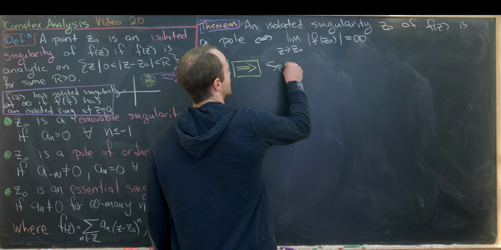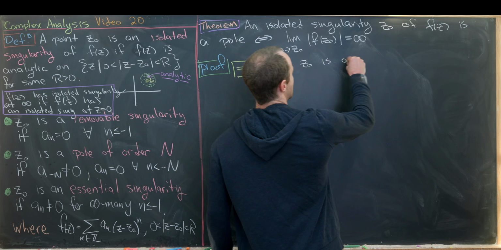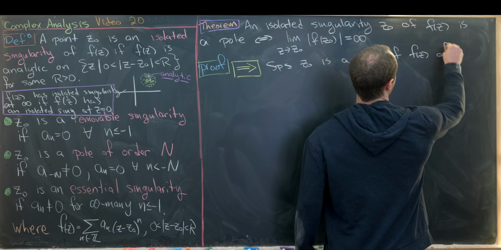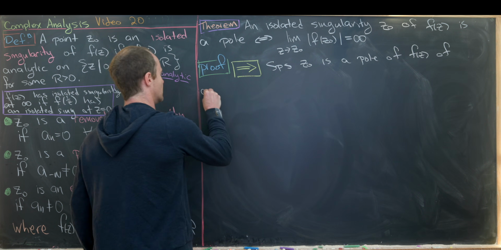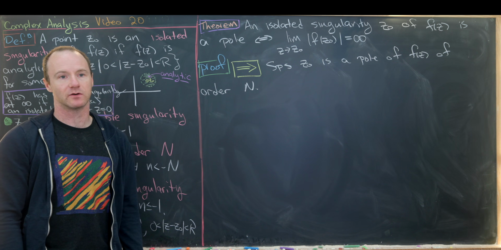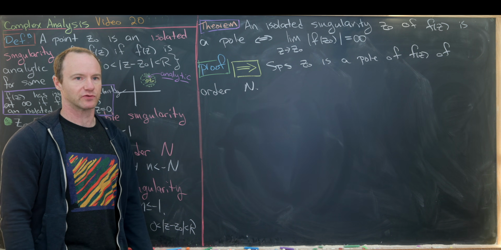So we'll suppose that z naught is a pole of f of z of order N. So we might as well assume that it's got a certain order so we know how to write it down in terms of what we had previously.